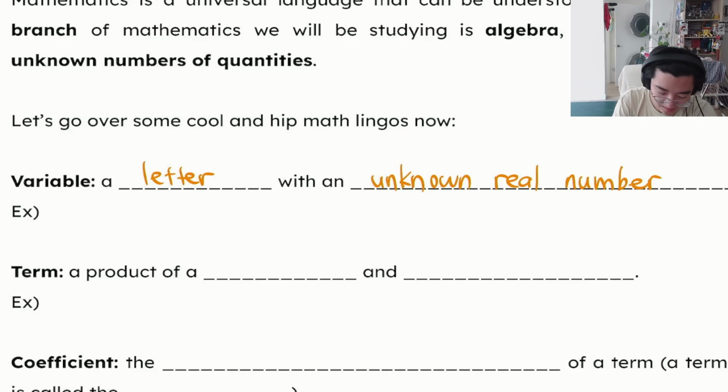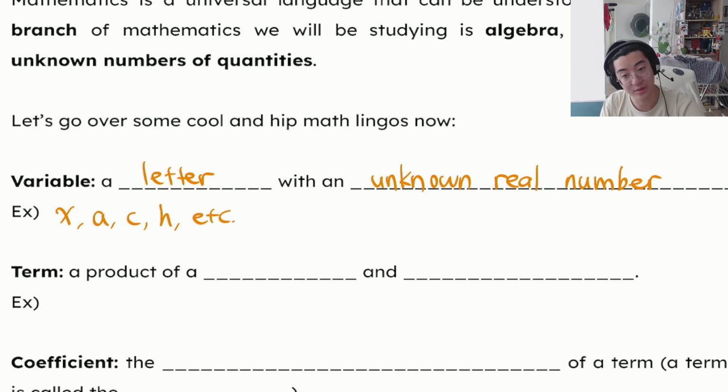Those are things like the x that we use, or the a's, or the b's, the c's, the h's. Any letters that you can think of, those are variables. And of course, it could be other symbols as well. We could also think of Greek letters, like lambda, or alpha. Those are also variables.